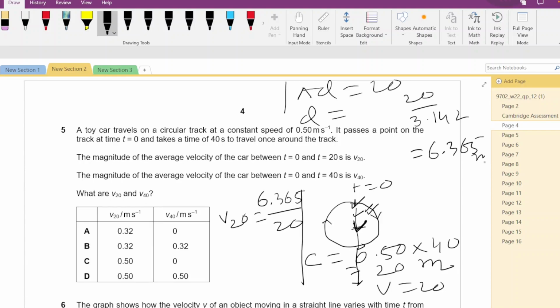It gives 0.318, which is equivalent to 0.32 meter per second.